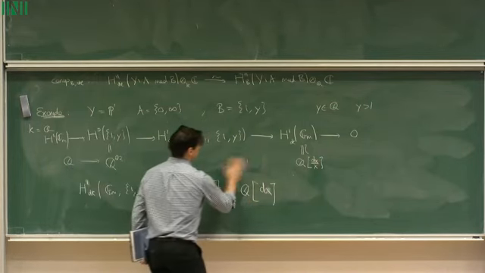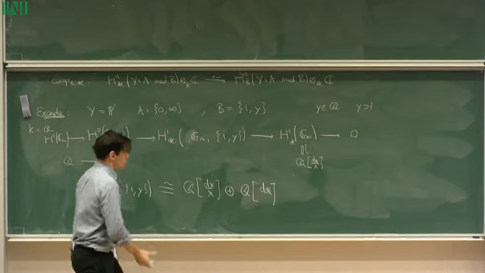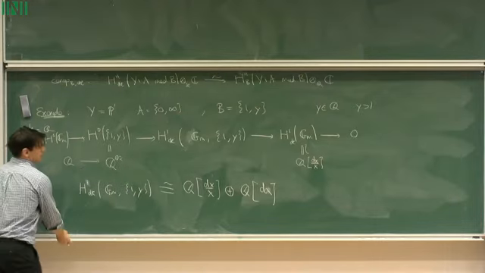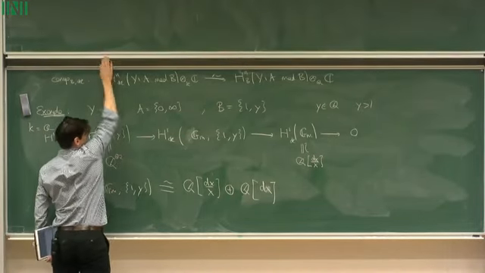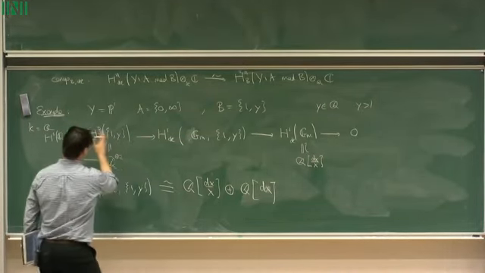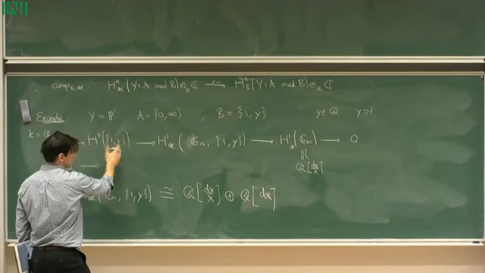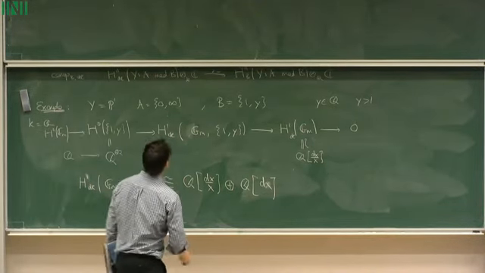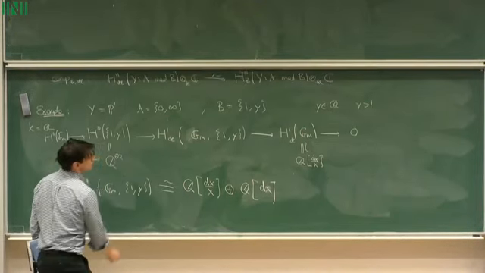But strictly speaking, if you were to go through the definitions, what you'd find here is actually something slightly different. You'd find this class comes from here, so it comes from a function that's supported at 1 and y. But I really don't want to get into that. I think it serves more to confuse than anything else.